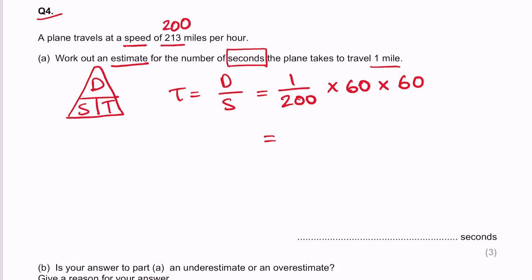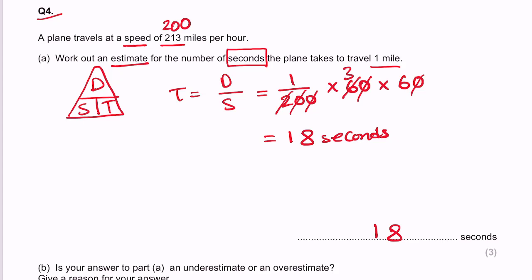So divide bottom by 10, top by 10. I'm just crossing out the zeros, an easier way to do it. And then 2 goes into 6 3 times, and then we do 3 times 6 is 18 times 1 is 18, so it's 18 seconds that it will take. So the answer is 18 seconds.